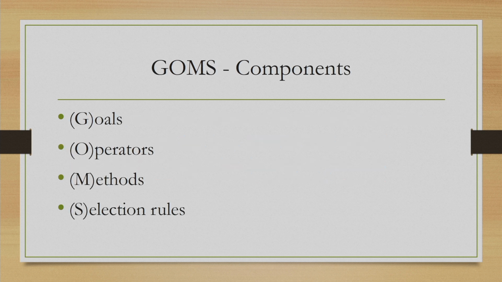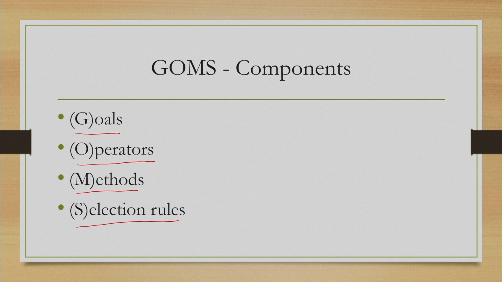Now, before we try to understand this hierarchy, let us first know the full meaning of the term GOMS. GOMS is an acronym. What does it mean? There are 4 components in this acronym GOMS. G stands for goal, O stands for operator, M stands for method, and S stands for selection rule.